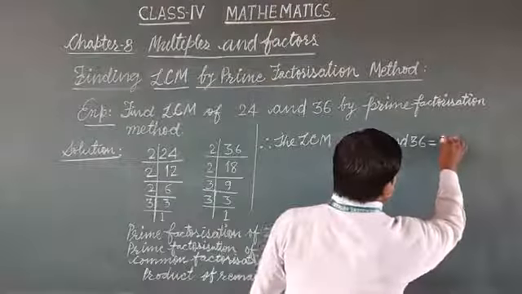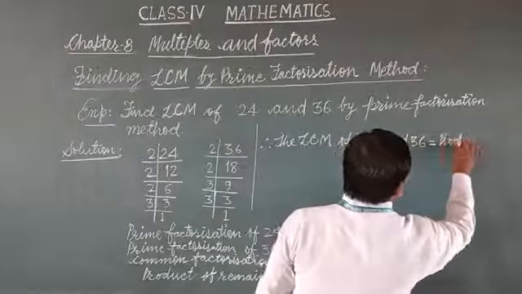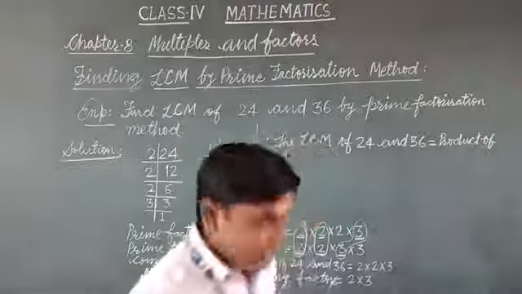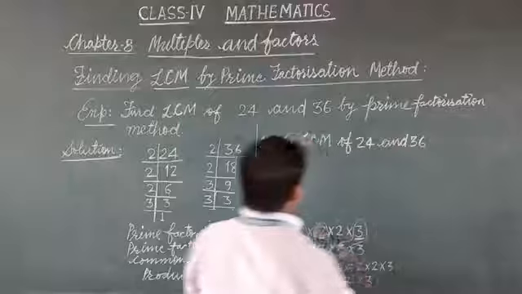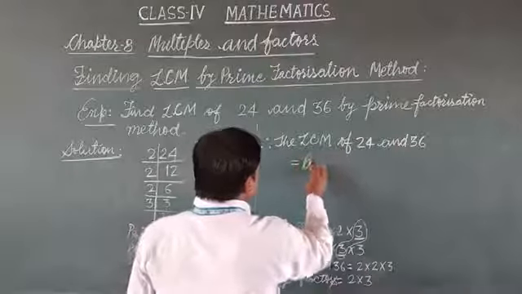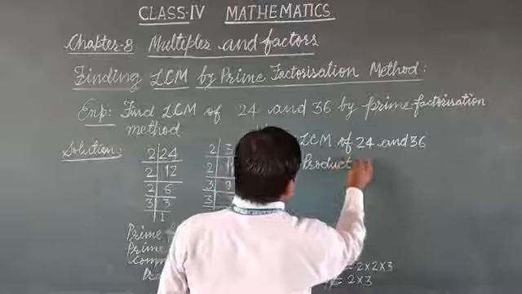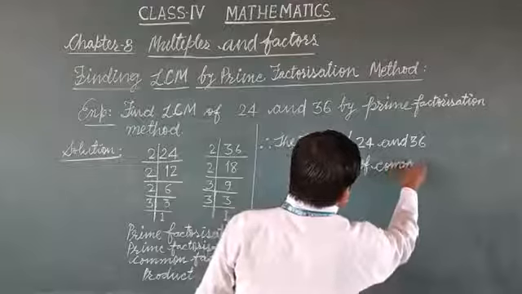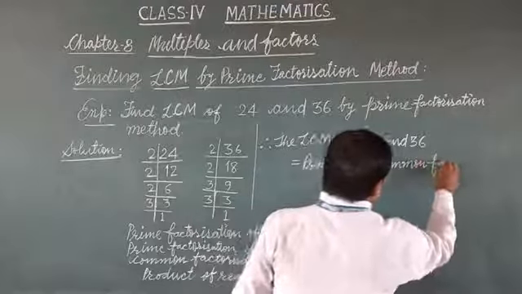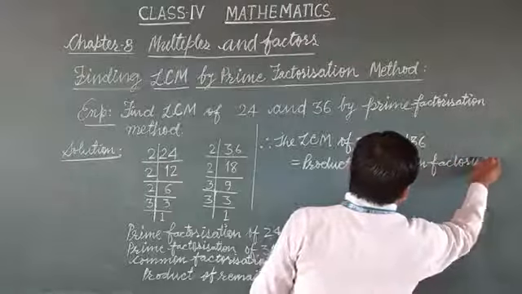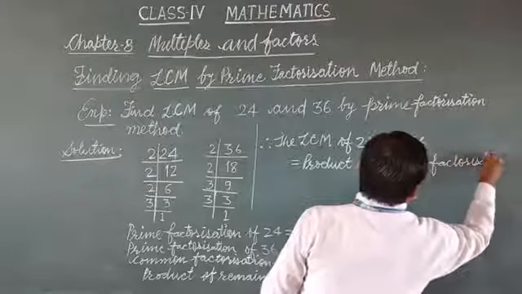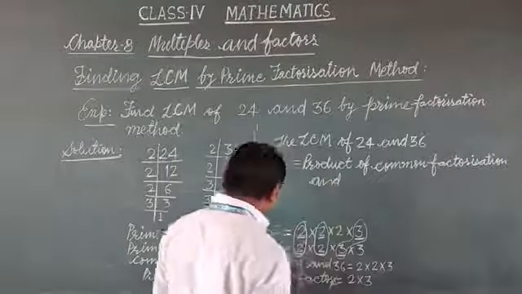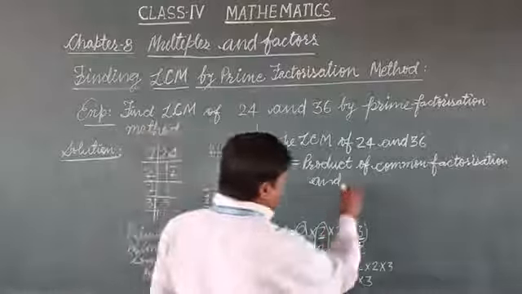So we write the product of, I am writing this side, 36 is equal to the product of common factorization and product of remaining factors.